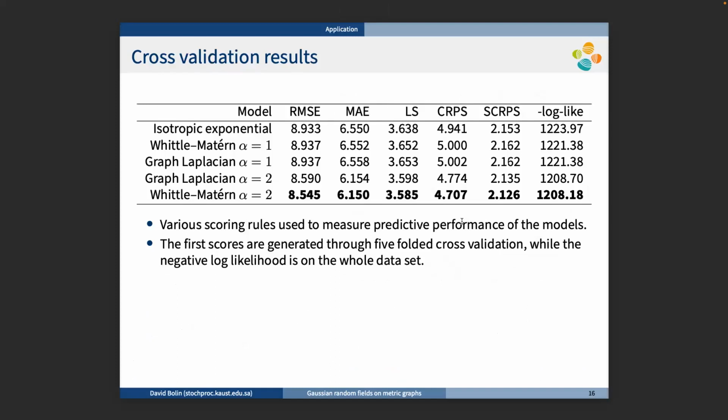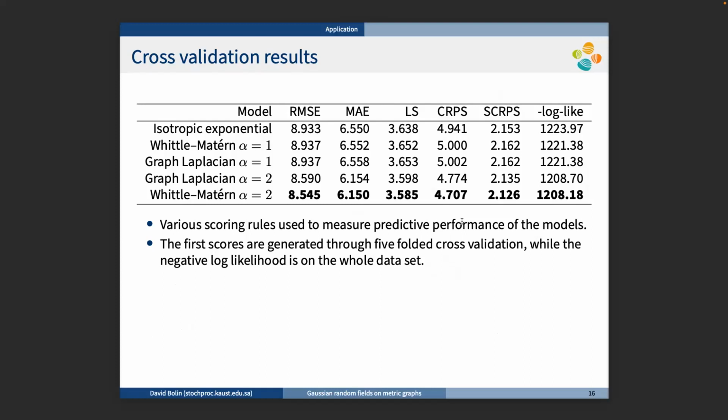We fitted all of these models to the data, and then we evaluated their predictive performance through cross-validation. In the table here, you see these 5 models and a bunch of different measures of the quality of the predictions: root mean square error, mean absolute error, and some proper scoring rules such as log score and continuous rank probability score.